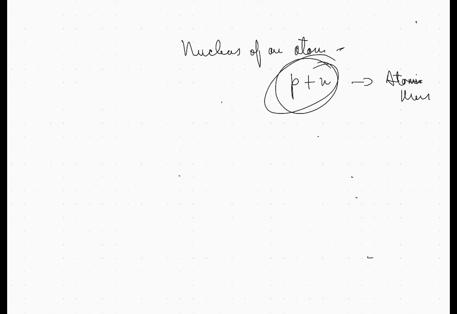Protons and neutrons. That's why it leads to atomic mass. So that's the question. They're asking what is in the nucleus. Protons and neutrons. There are other things, but at this level, we do protons and neutrons.